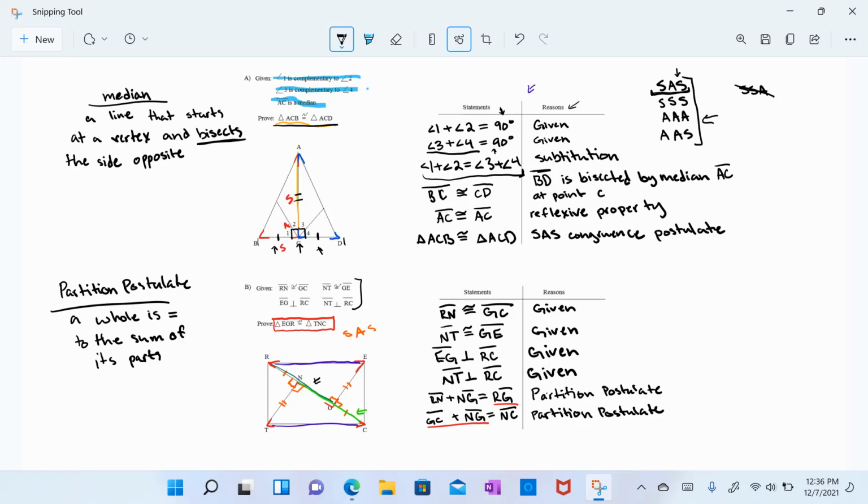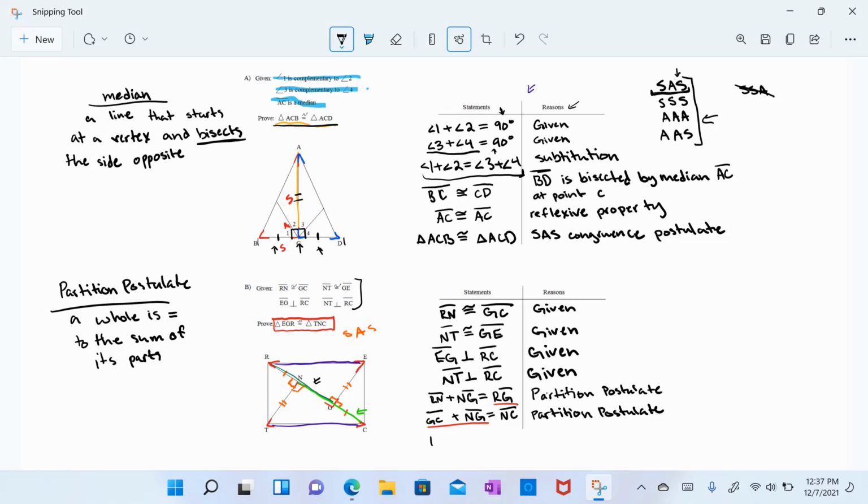So continuing to where we were before, now that we use the partition postulate to make these equations, we can use substitution to make these equal to each other. Okay, so we know that RN and GC are equal to each other. And we know that NG is equal to itself because of the reflexive property.